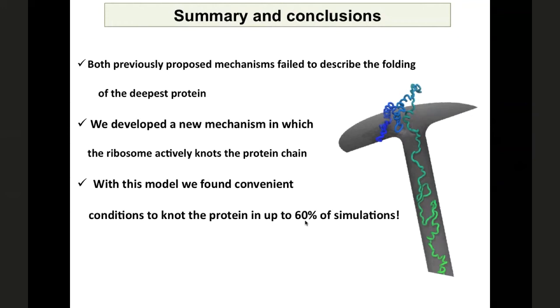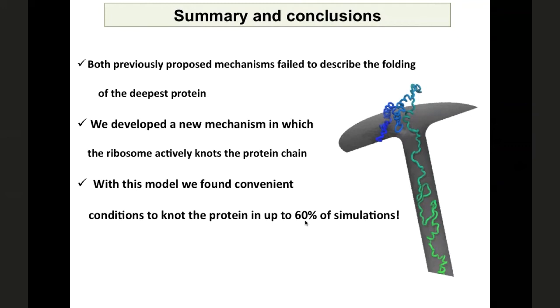And have you looked at the sequence of proteins which don't become knotted and shown that they don't have these interaction sites? I think so, we did not make the general, or let's say the comprehensive analysis of all possible proteins, but it is a very good idea to make a distribution of such interactions.